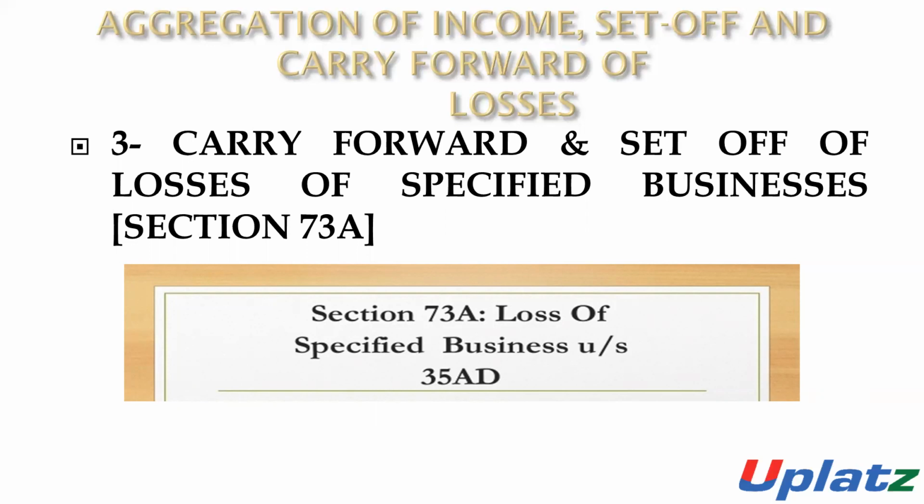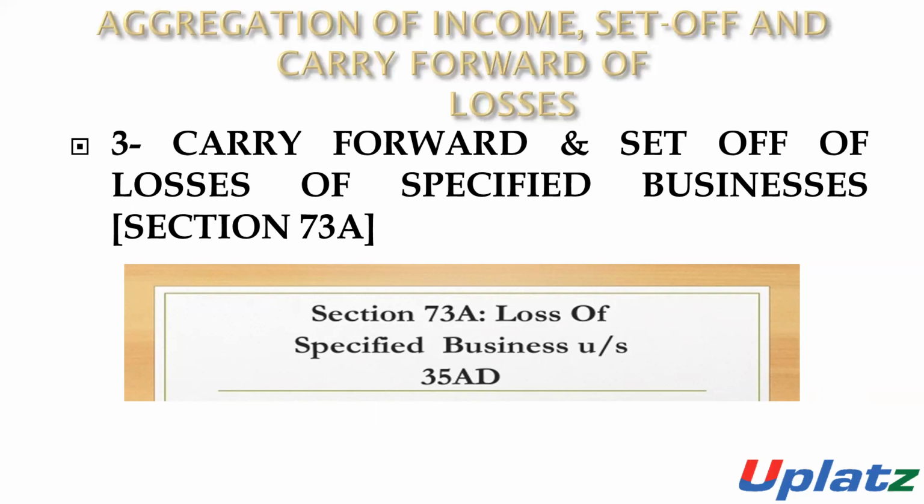As per section 73A of the Income Tax Act, if there is any loss from the specified business, then the loss will be set off only with the income or the profit of the specified business.